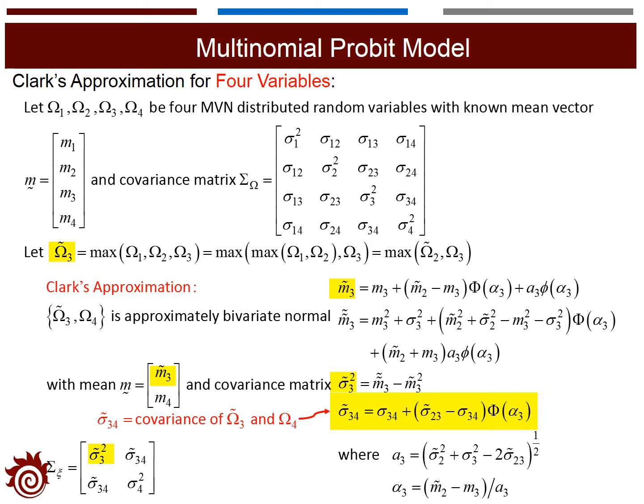And as omega 3 tilde and omega 4 is a bivariate normal distribution, we can call the Clark's approximation to find out the maximization of these two variables, which is also the maximization of the four random variables omega 1, omega 2, omega 3, and omega 4.